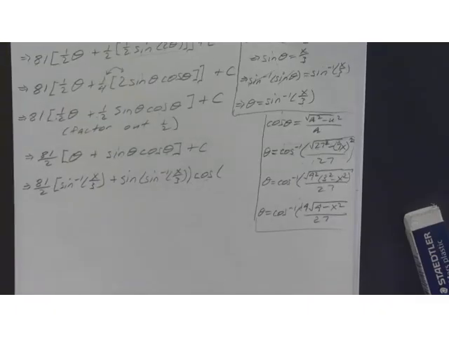Okay, so we know our theta now in terms of cosine inverse, so that helps a lot. So now we can replace that theta with cosine inverse, and it will get rid of the cosine.